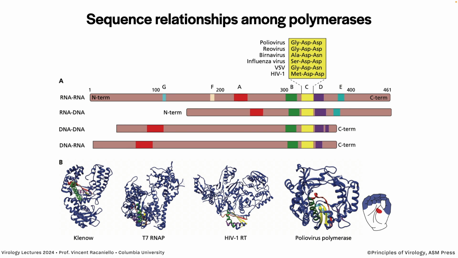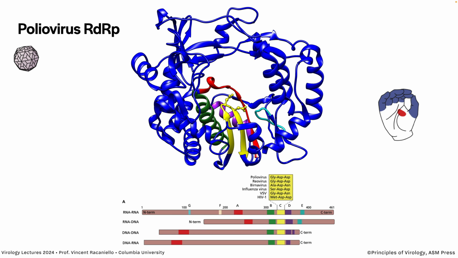The 2 aspartates coordinate those 2 magnesiums to allow the catalysis to happen. In other viruses you have gly, asp, asp, or sometimes ala, asp, asp, little variations on each one, but the function of this triplet is to coordinate those magnesiums. So there's some conservation among these.